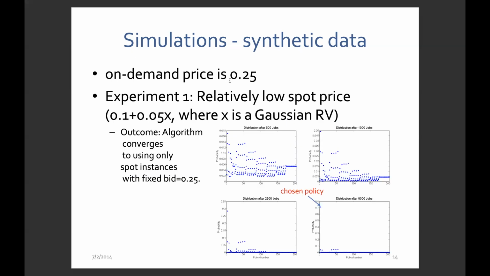They first chose the on-demand price to be 0.25, and set a lower price for the spot instances, which is 0.1 plus 0.05 times x, where x is a random Gaussian variable. For each spot instance, this random number is multiplied by 0.05 and then added to 0.1, so any spot instance has a price greater than 0.1.